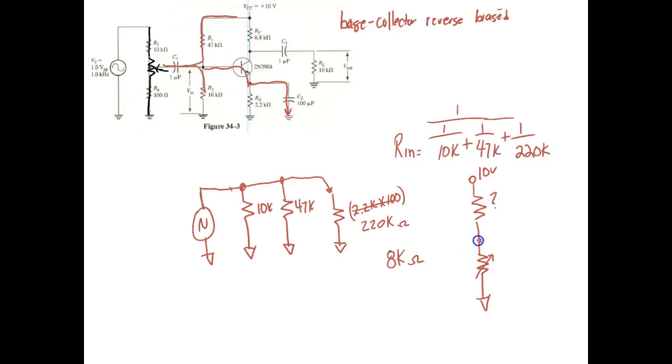Now when I adjust this, and this point right here gets to 5 volts, what do I know about those two resistors?